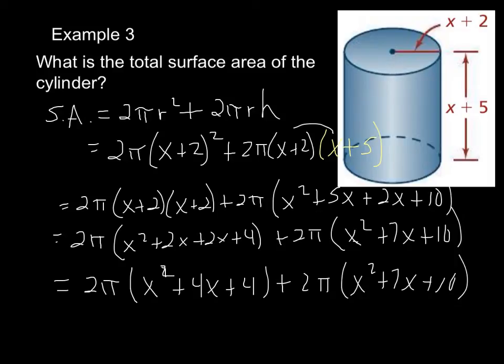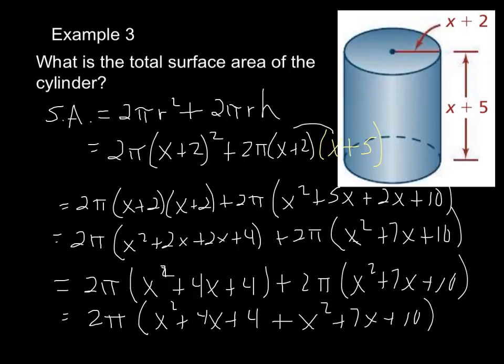Right? Now what do you notice? You should notice here that both of those share a 2 pi. Okay? So we could factor out the 2 pi, which would leave the x squared plus 4x plus 4 plus the x squared plus 7x plus 10.